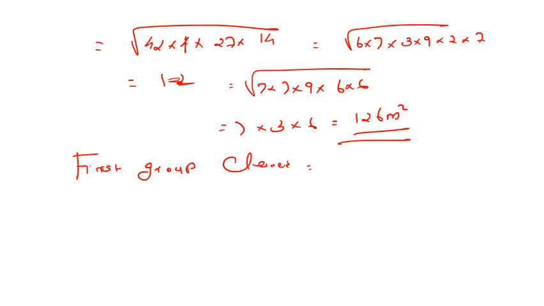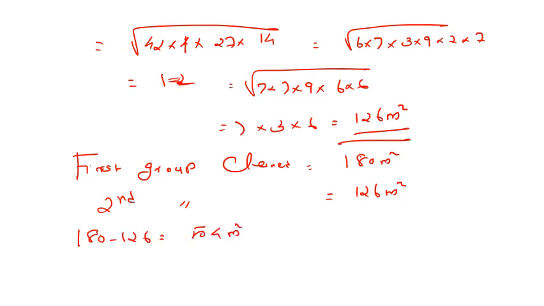Therefore, what you can say, first group cleans 180 meter square and second group cleans 126 meter square. So which is more? 180 minus 126 is equal to 54 meter square more cleaned by first group.